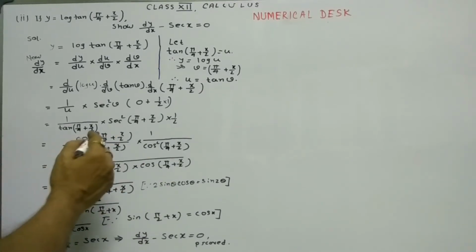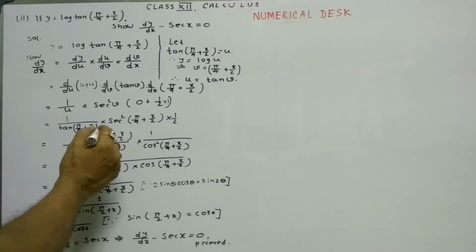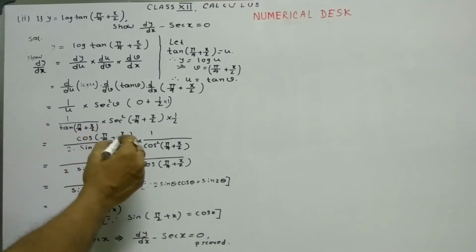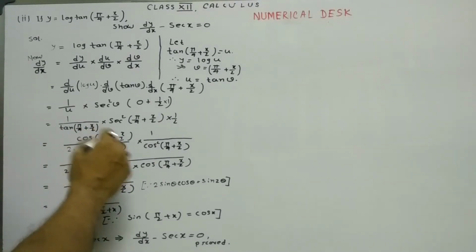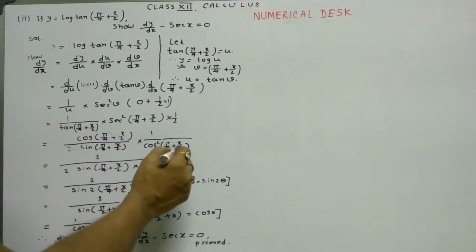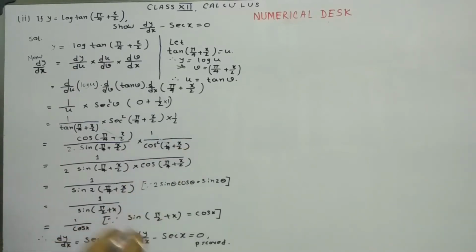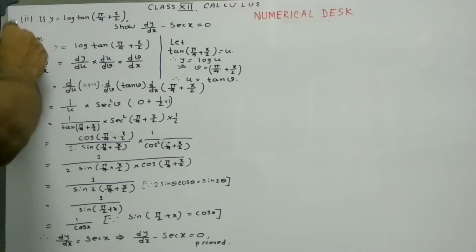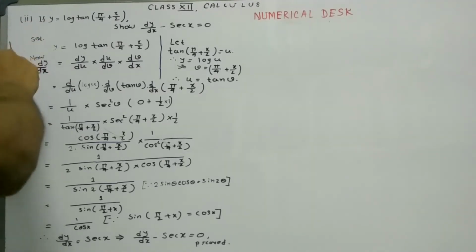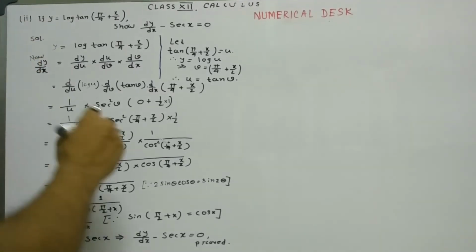Now tan is shown in the step in terms of cos theta and sin theta. So cos pi by 4, this one, and sec square equal to 1 by cos square. So everything is now expressed in terms of sin theta and cos theta.